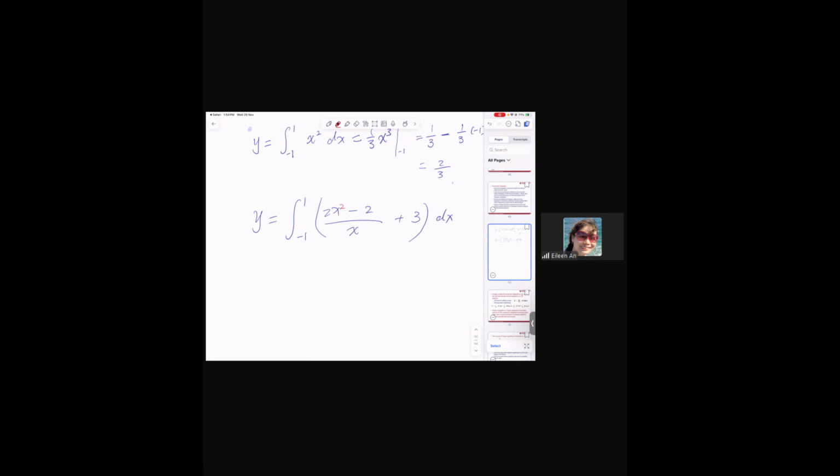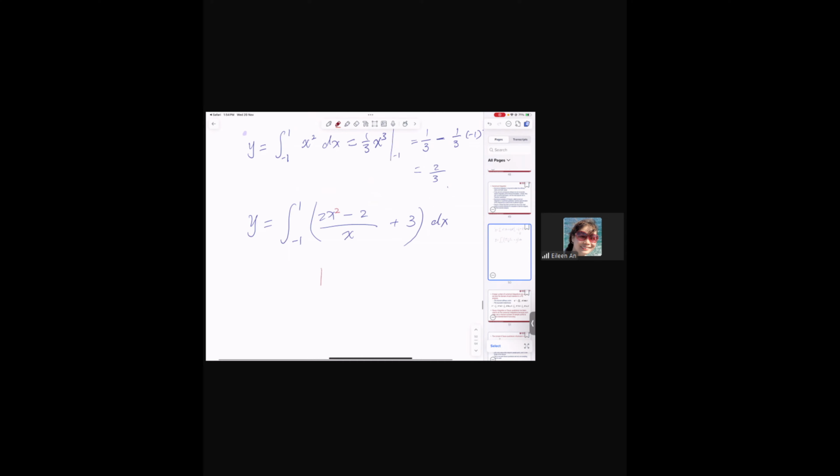Okay, say for example, we have a curve or a function like this. The integration is actually the area. For example, the first one, x squared. I think the curve is like this, right? This is x squared.